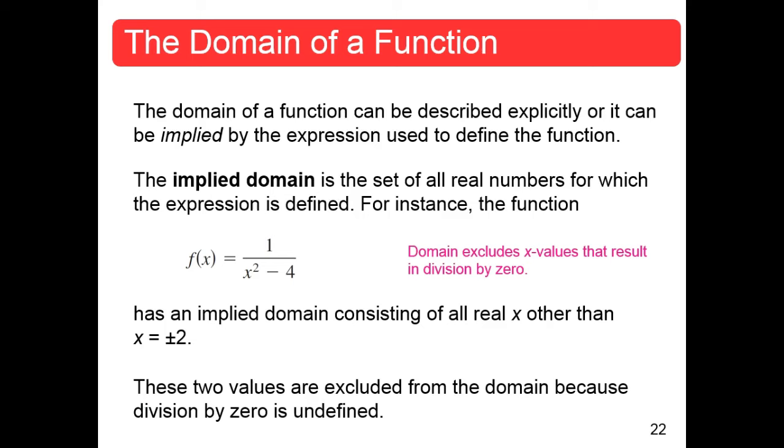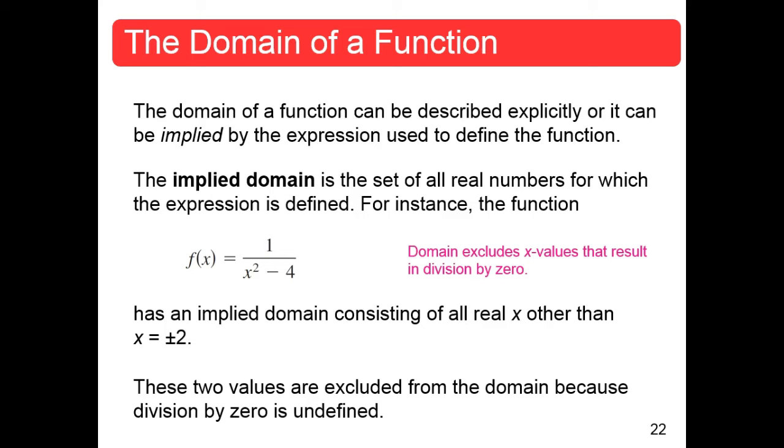Now when it's implied, here's what we mean. The implied domain is the set of all real numbers for which the expression is defined. So notice, where do we start? Set of all real numbers, unless we find some that you have to exclude, right? That's what we mean by implied.